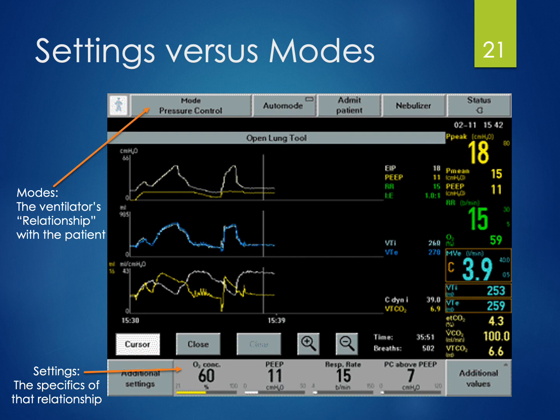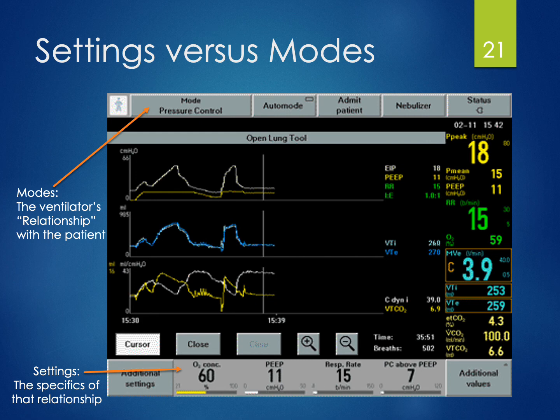So when I say relationship between the ventilator and the patient, I mean how much does the ventilator do for the patient in comparison to how much the patient will do on their own? So how is the ventilator interacting with the patient? Is it helping them a lot, helping them a little? For example, with this specific mode, will it allow them to take a breath whenever they want?